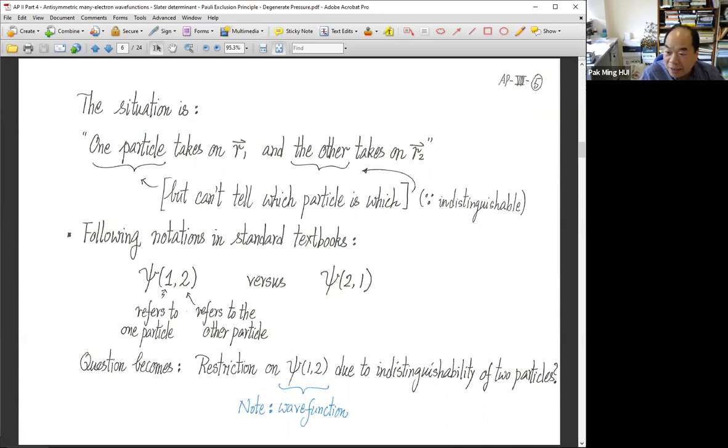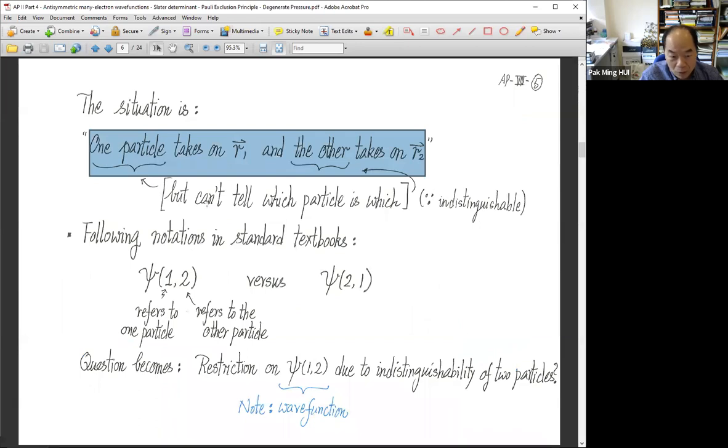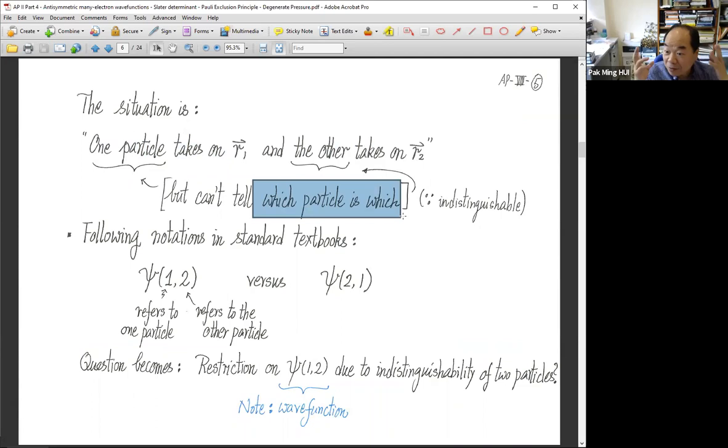This is the standard shorthand, so let me introduce the shorthand. The situation is actually that one particle takes on that location R1, the other takes on R2. But when they are indistinguishable, we don't know which is which. That is the physical situation.